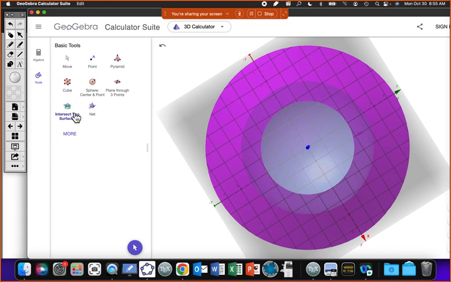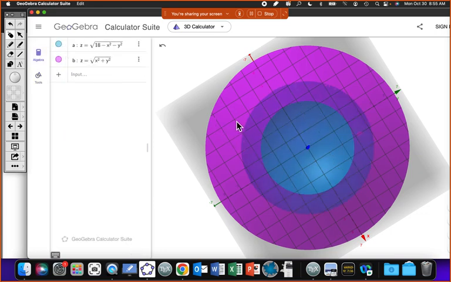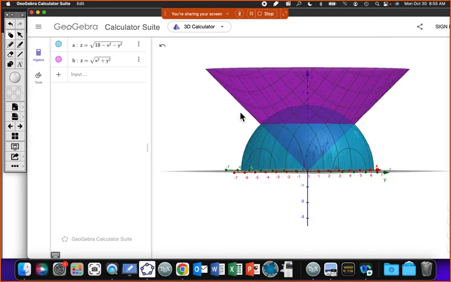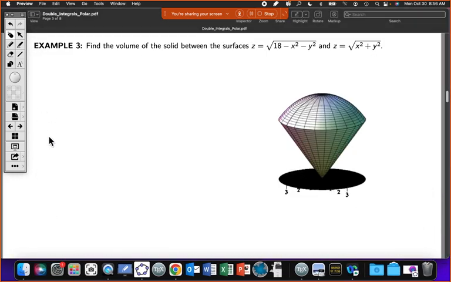Not sure why the intersect tool is being silly, but you can see it right there. There's that circle. So here's the solid, there's where they intersect, so it's going to be a circle. Okay. So now we're good to go.